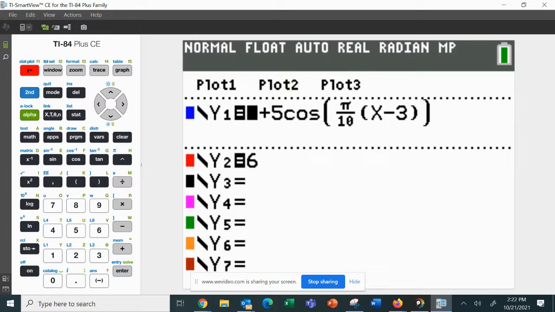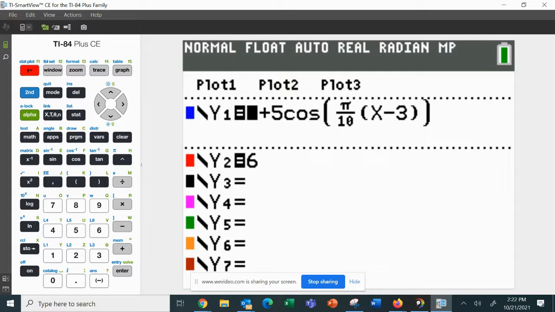Alpha y equals enter. Oh, it doesn't. Now let me fix it for you. It even gave you the option. That's weird.